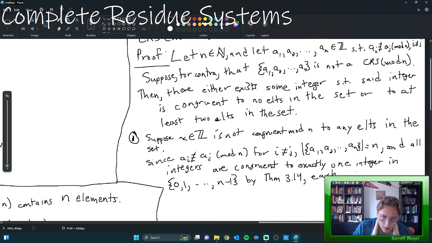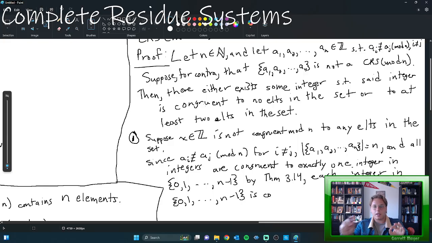Each integer in that canonical complete residue system is congruent to an integer in this one. Because basically you're just going through and assigning each of these n integers to exactly one of these integers in this system.